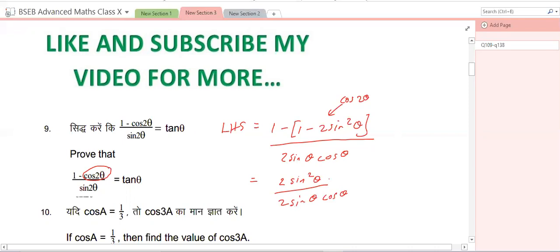You can see that sine and one of that cancel out, the 2 and the 2 cancel out. So what we have is sine theta over cos theta, which is equal to tan theta. So that is equal to tan theta. Next question.